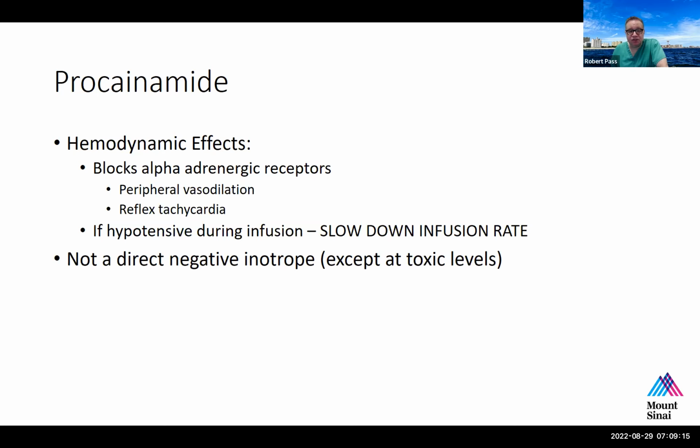Yes, it can cause hypotension, but it's not due to a negative inotropy, and it can be managed if the dose is given slowly enough and if there is volume and other agents to reverse it. And it doesn't cause, for example, the cardiovascular collapse that can rarely be seen as an idiosyncratic reaction to amiodarone.